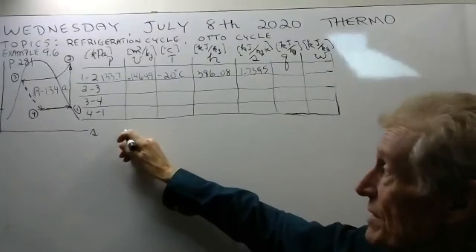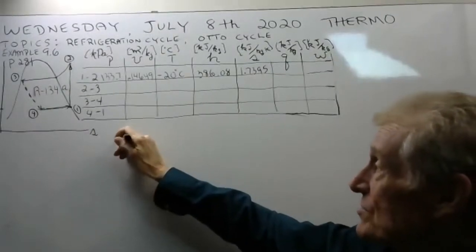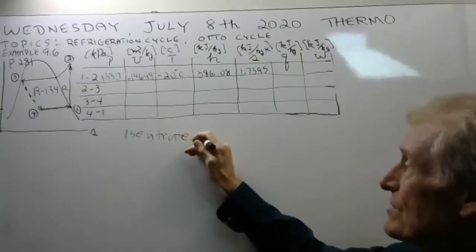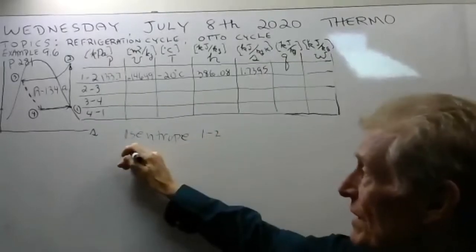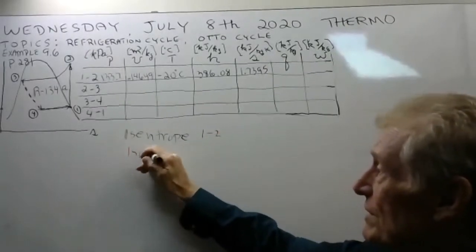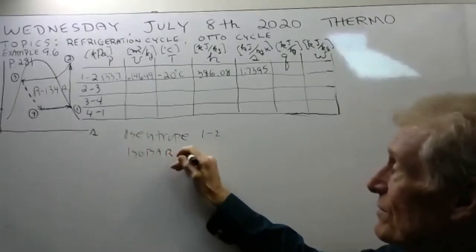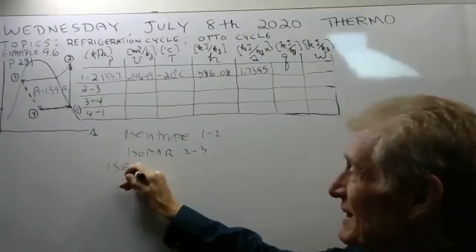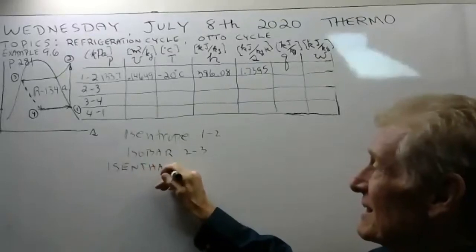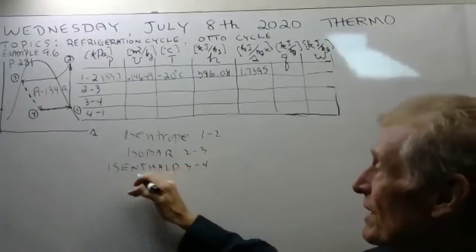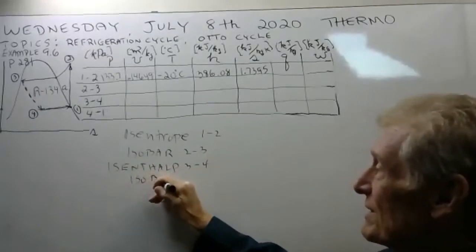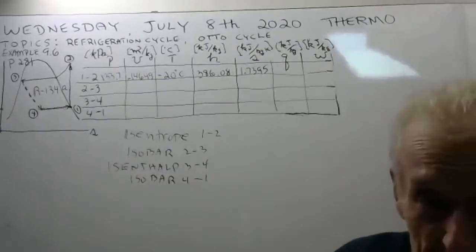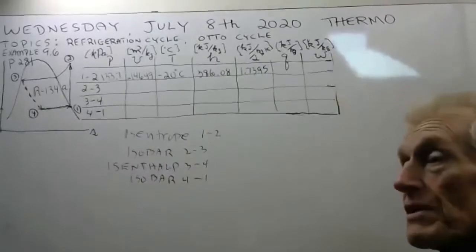So what we have is an isentrope from 1 to 2, isobar from 2 to 3, isenthalp from 3 to 4, and another isobar from 4 to 1. That's what you have with a refrigeration cycle.